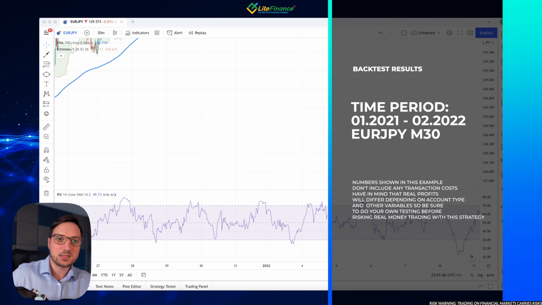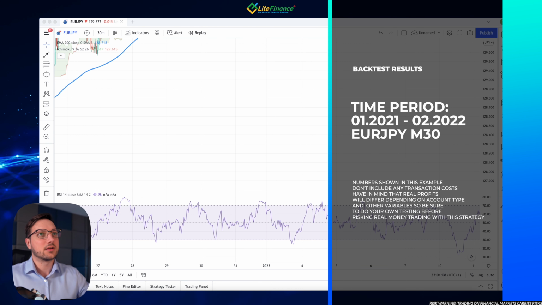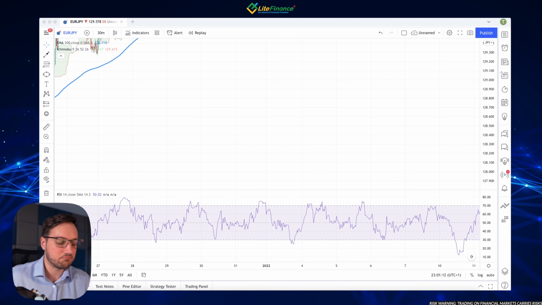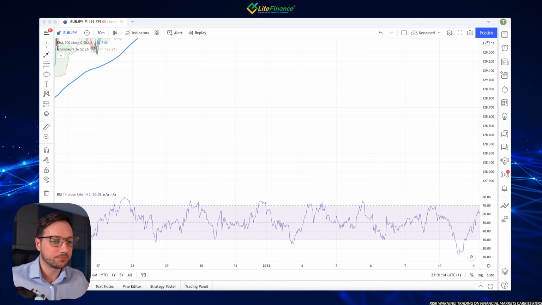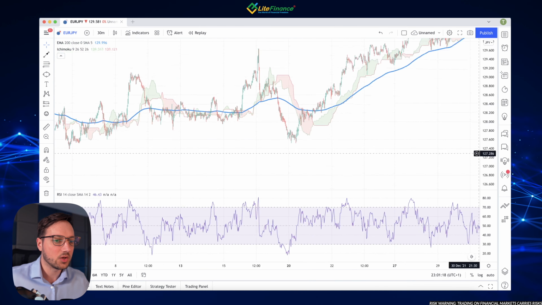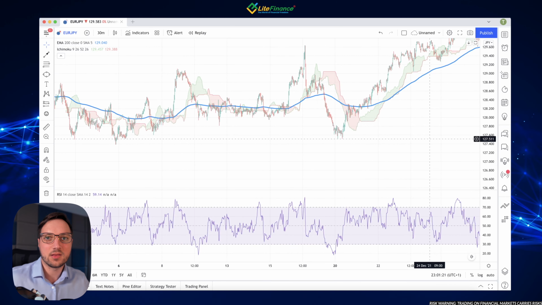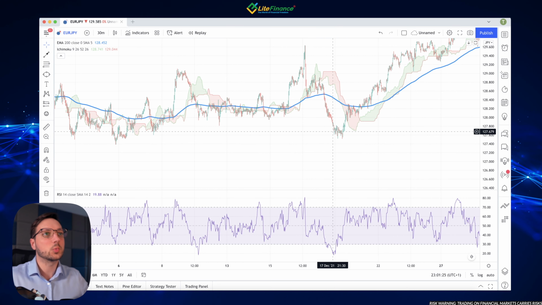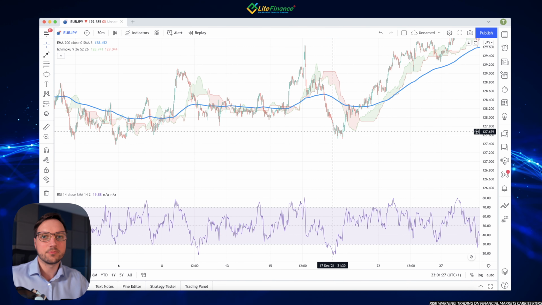As for the improvements that we could make to make this strategy work better, for example, we could use the divergence to spot moments when the trend is ending.